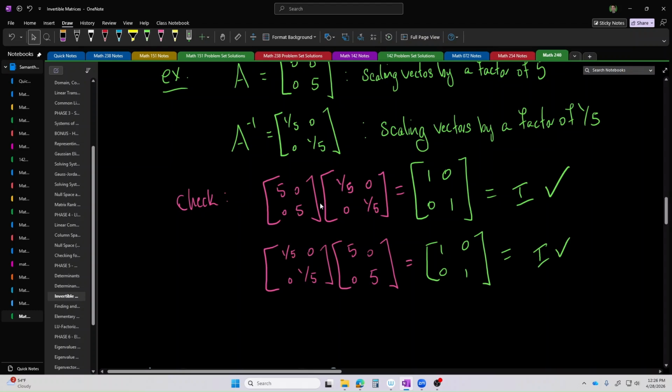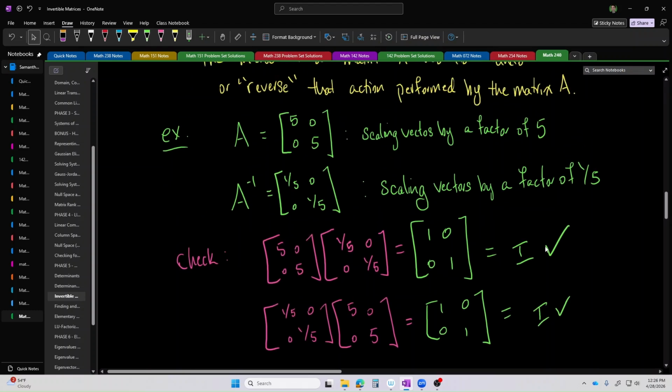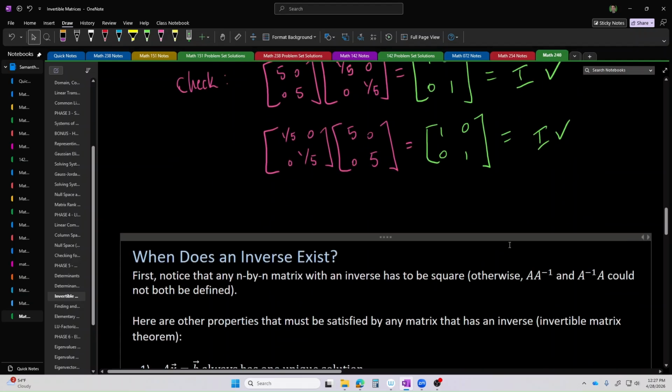So that's one way to understand the inverse of a matrix A. The inverse of a matrix A is a matrix that would undo or reverse the action of the matrix A. And if you bear that in mind, that understanding can help you to determine when a matrix has an inverse versus when a matrix might be singular.